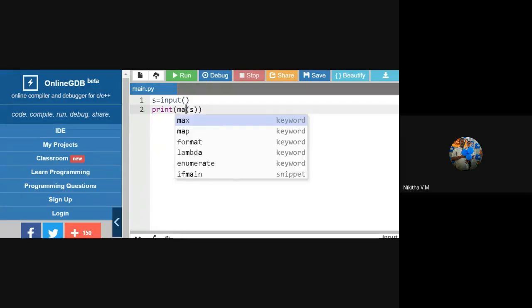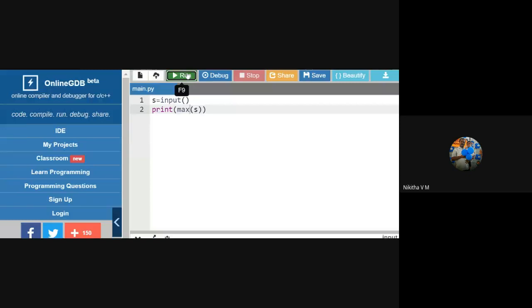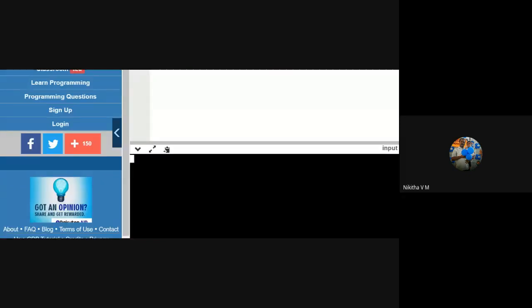Max. Okay, max of s. Let me take a string. What's the output of this?